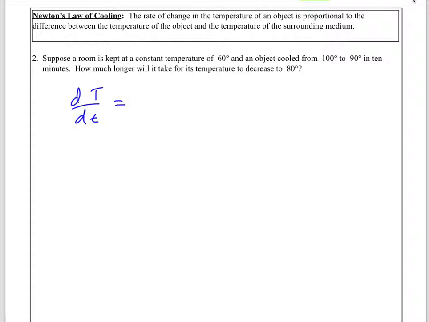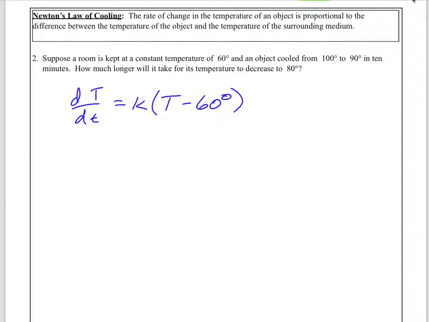If something is changing, what do you have to use? You have to use a variable. So would it be T minus 60? Why am I allowed to put 60 in? Because it's constant. It is not changing. So we're looking at dT over dt equals k times T minus 60.